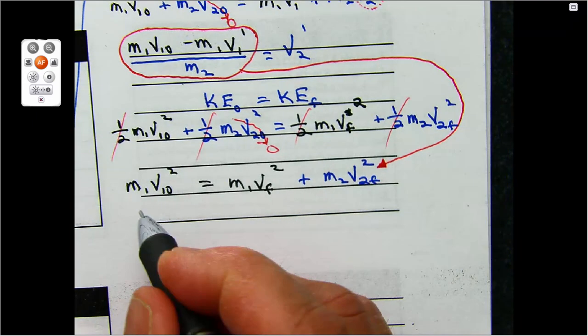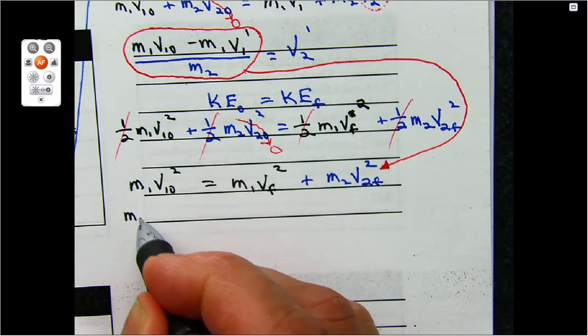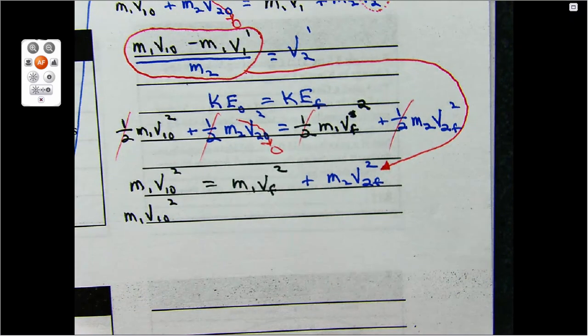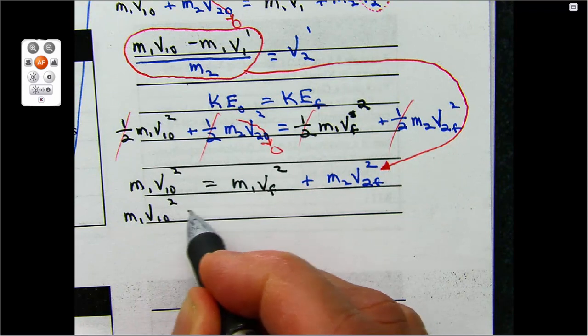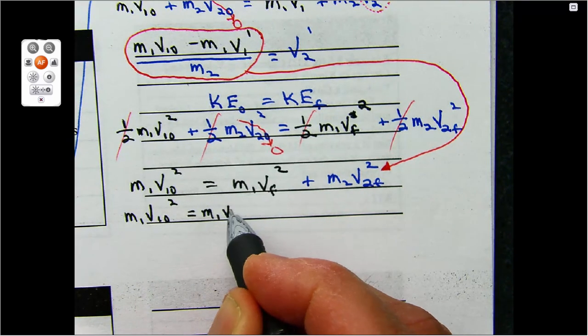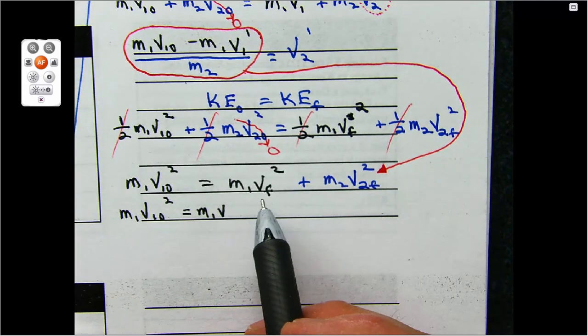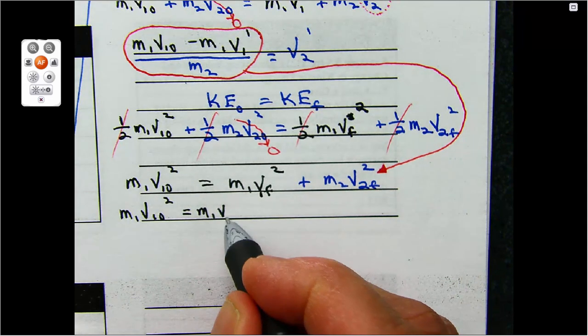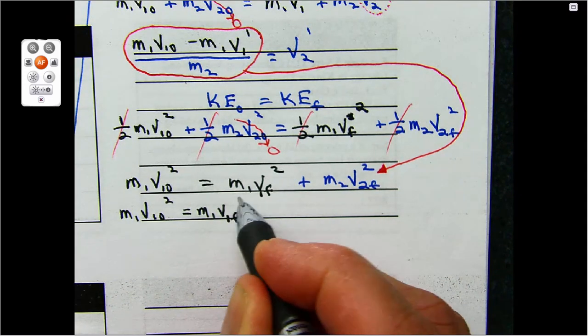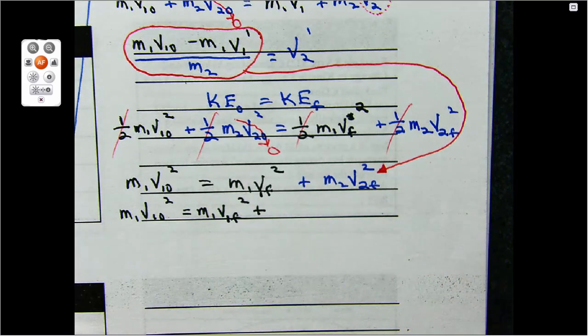So now we have M1 V1 initial squared equals M1 V1 final squared, and this has got to be a 1, I'm missing my little 1 here, plus M2 here.